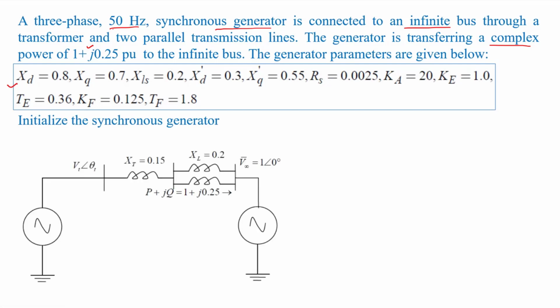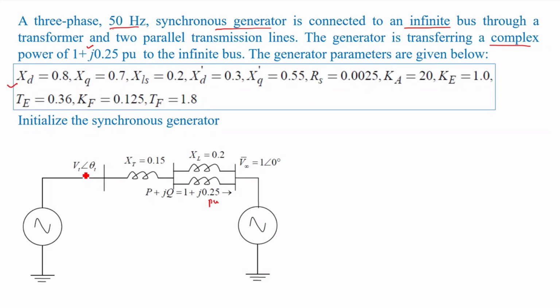This is the system, with two transmission lines in parallel, and the generator is feeding real power of 1 per unit and reactive power j0.25 per unit, right? Okay.